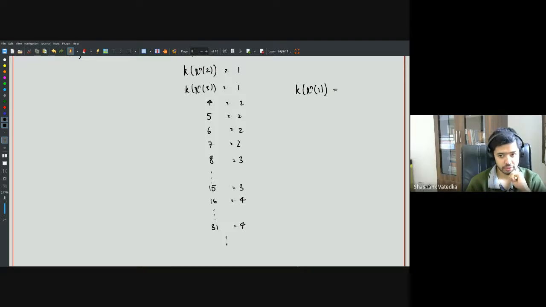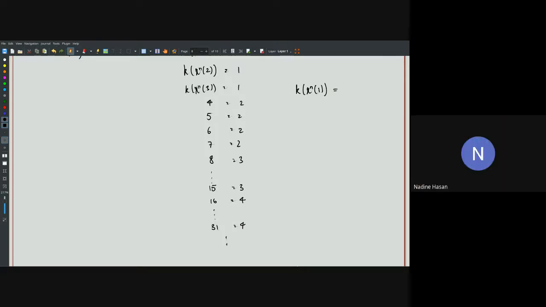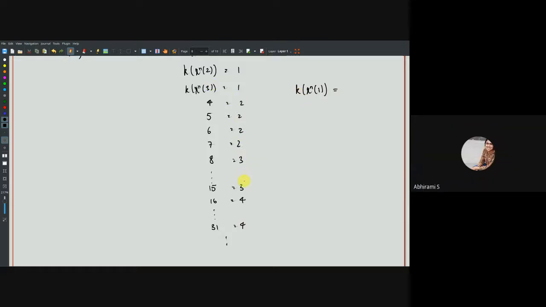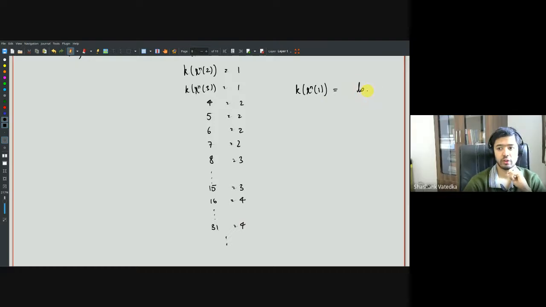Sorry, can you repeat? 2 to the power n minus 1, are you sure? It has to be in terms of i, right? Log of i plus 1. You're saying log of i plus 1, are you sure?